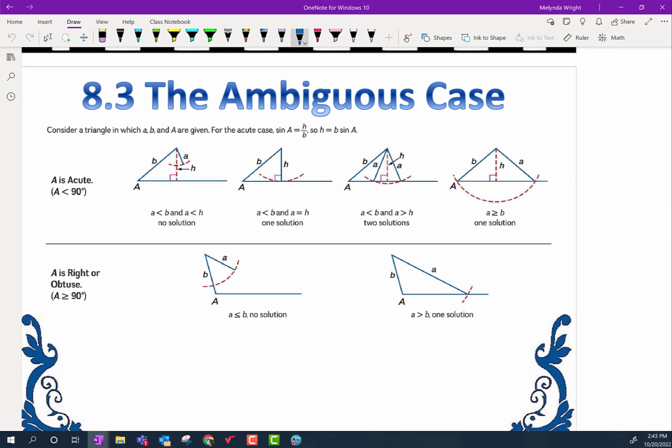In the previous lesson, we talked about side, side, side. We talked about side, angle, side. We talked about angle, side, angle. There's probably another one we talked about that I can't think of. Maybe it was angle, angle, side or something. At any rate, we talked about all those, and those are just done normally like we've talked about.